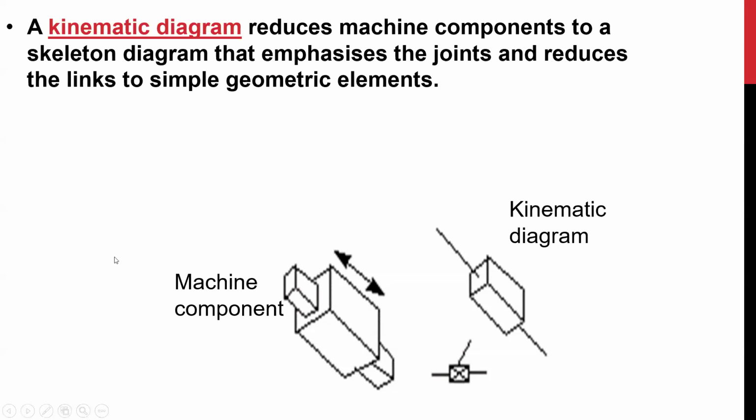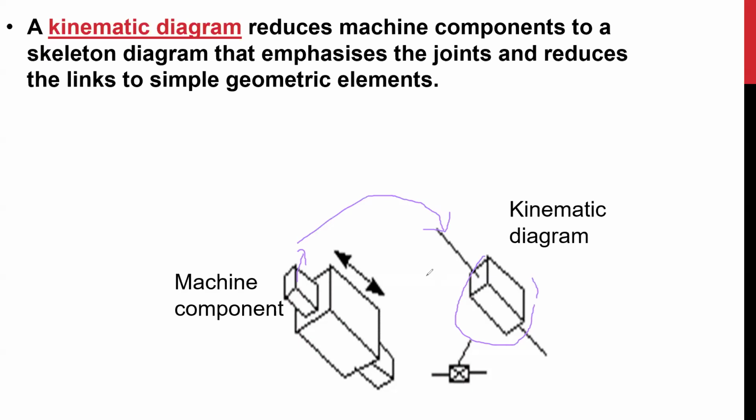For example, we look at this slider bar going through this rectangular bar. We see it's a machine component, but how can we reduce this to a kinematic diagram? It's just drawing a simple tube to represent it, as we have drawn right here. And then this component right here will be represented by this, showing that it is sliding through.